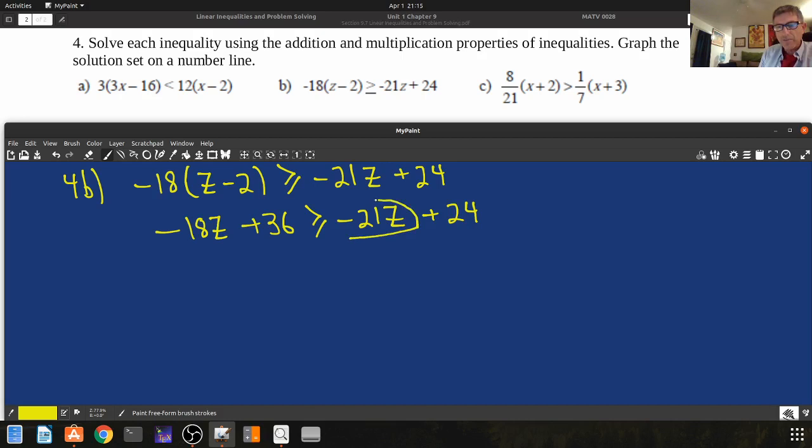And I'm going to move minus 21Z over to here. So in doing so, it changes sign.